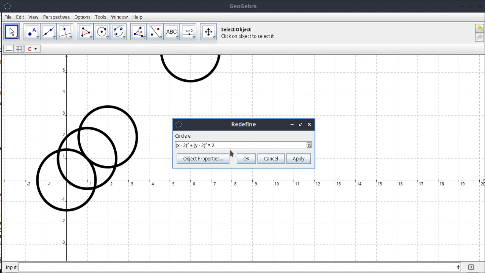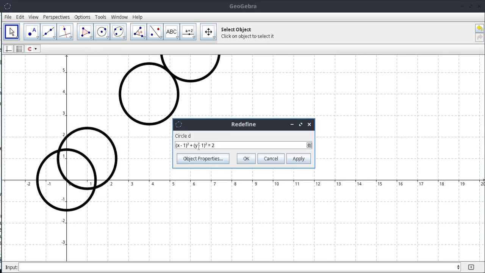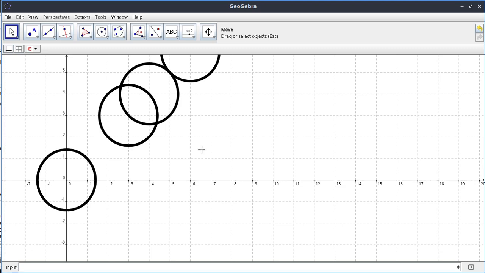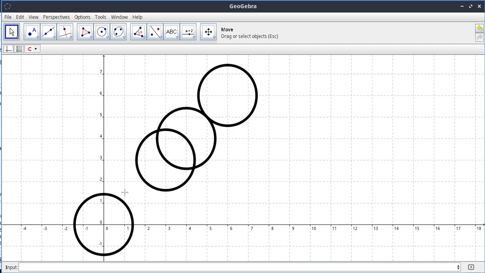I make this 4, comes here. I make this 3. Whatever this is, they're members of the same family because they are all circles, right? Same radii.